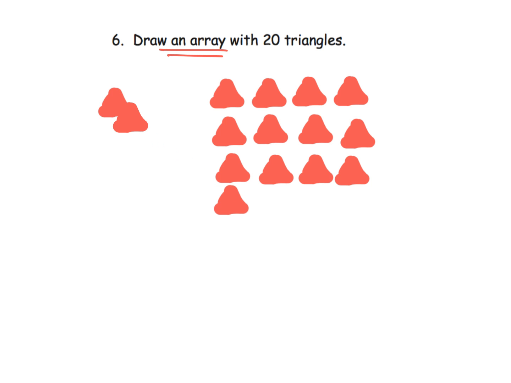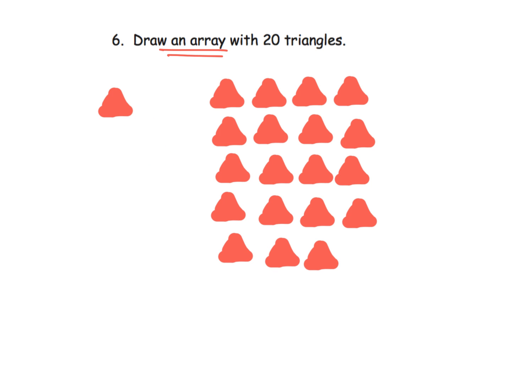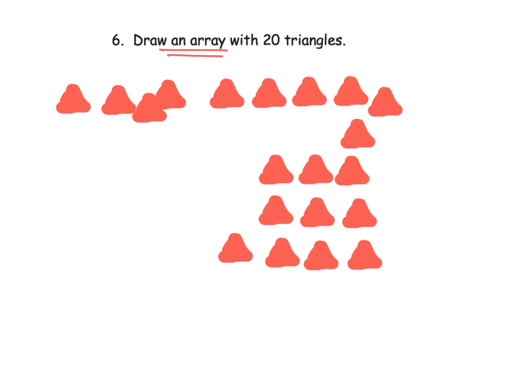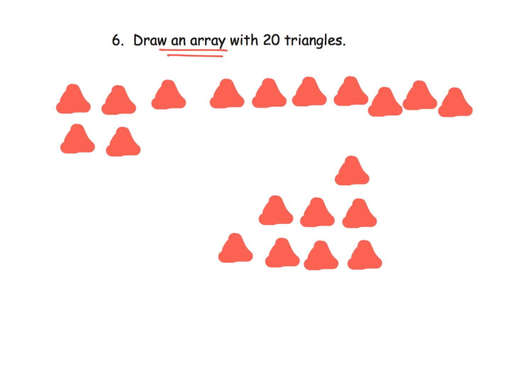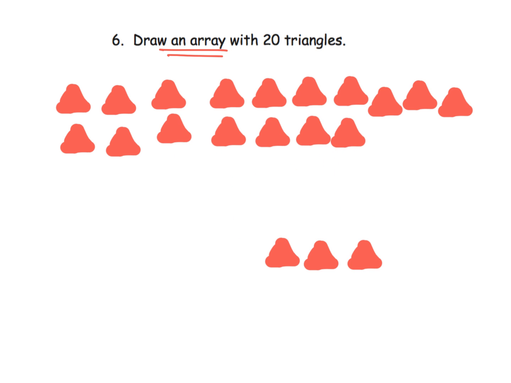But parents and teachers, it's really fun to watch your students take these and rearrange them and move them around and shuffle them around until they finally get what looks like an array right here. Woohoo! Finally, I have an array.